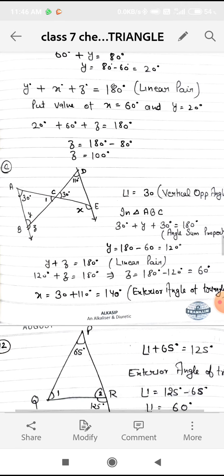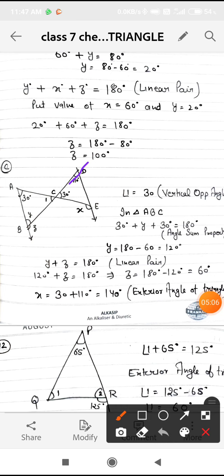C part, the last part of the 11th question. Here you can see two straight lines, this line and this line, intersect each other. When two straight lines cut each other, we get vertically opposite angles. So angle 1 is equal to 30 degrees, vertically opposite angle. In this triangle ABC, angle 1 is 30, and this angle is 30.